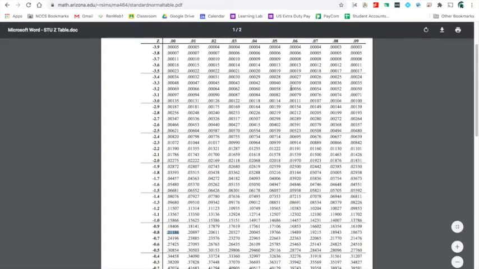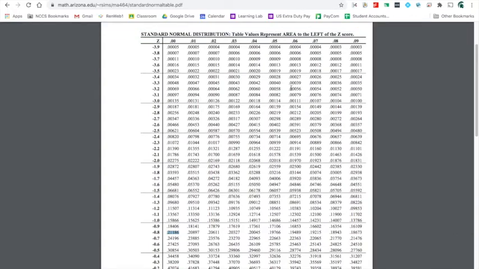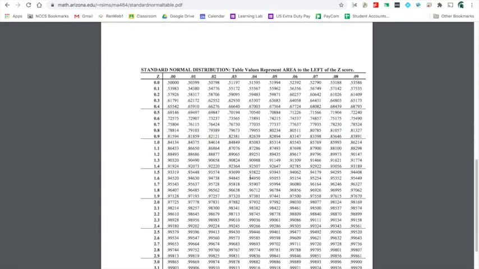The next one we want to find is positive 0.65. Positive 0.65 would be on the next page. We go to the 0.6 row, and we go over to the 0.05 column, and we have 0.74215.